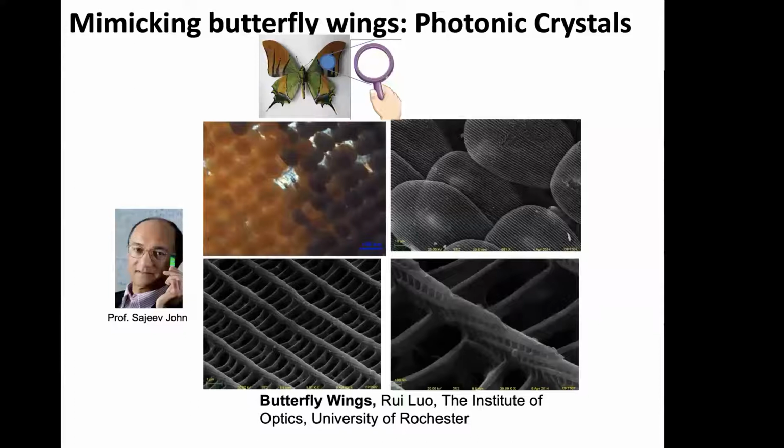It's not due to any chemicals, but mostly due to the structure that it gets a very beautiful color, the color we see in beautiful butterflies. So it's not a chemical, but just structural engineering.